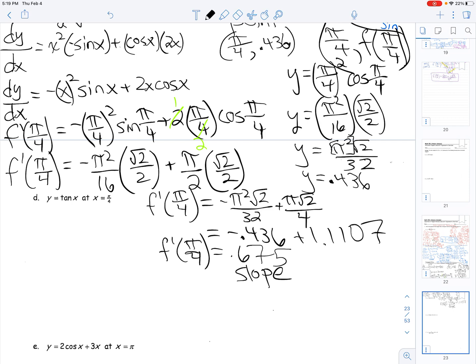That's my f prime of pi over 4, and that's my slope.